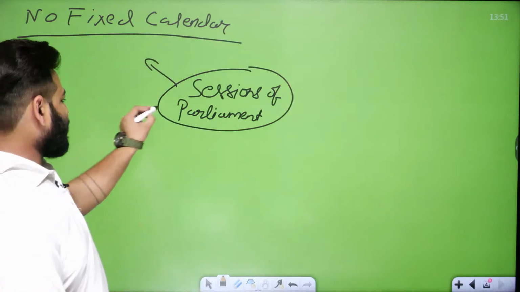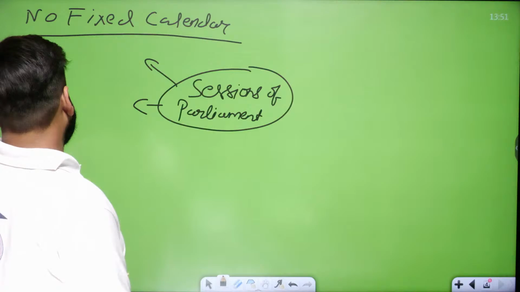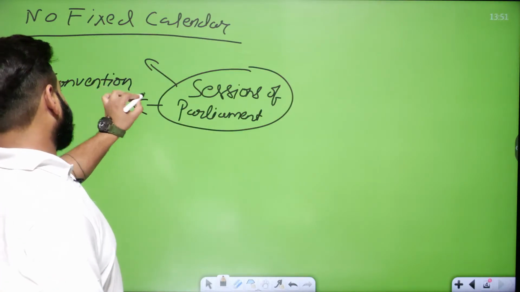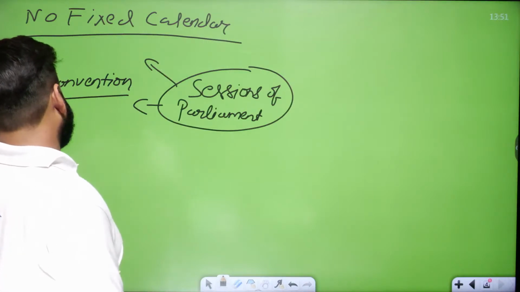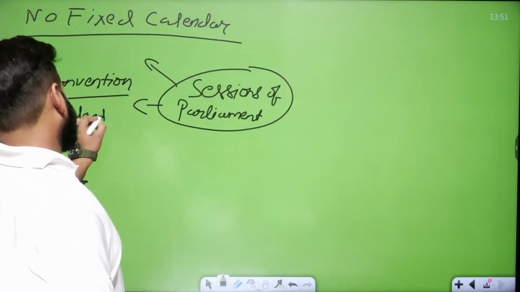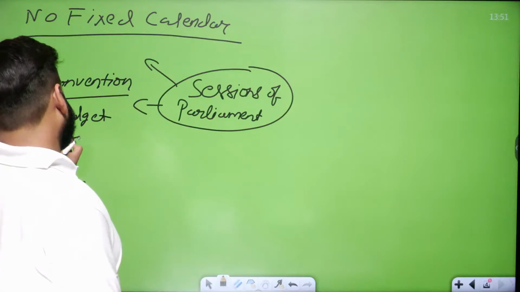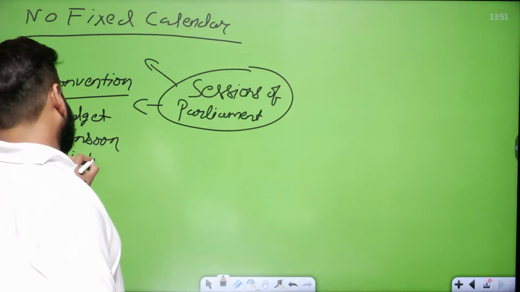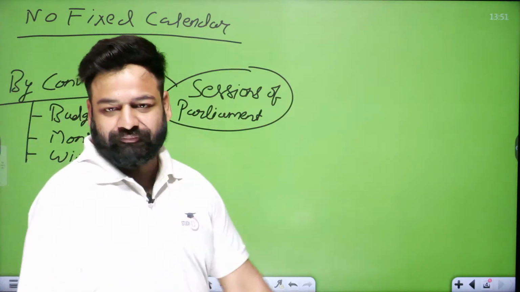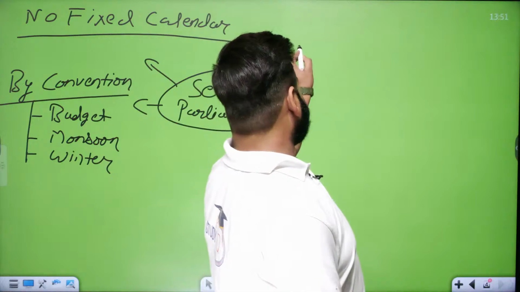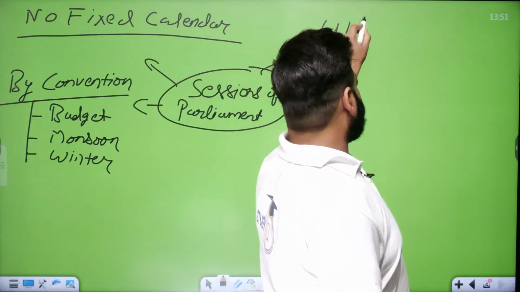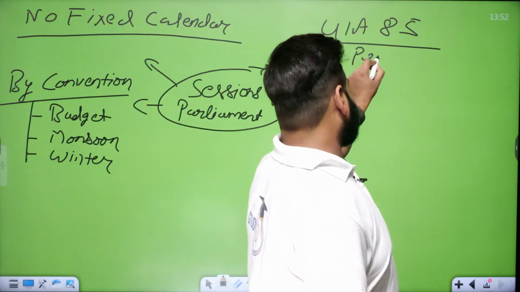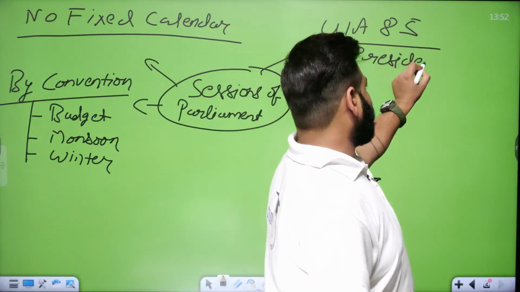First thing. Second thing, by convention. Yes, we have the BMW, that is the budget, the monsoon and the winter. Then apart from that, who is entitled to summon? Under Article 85, the President of India shall summon.